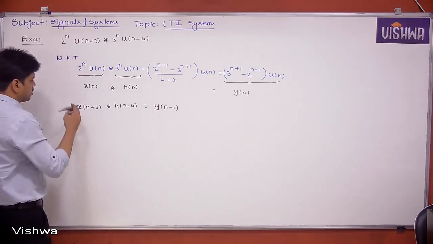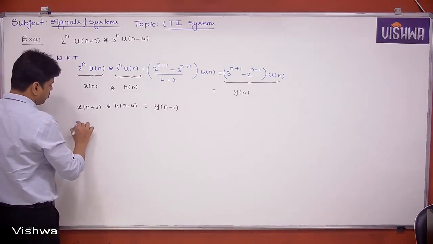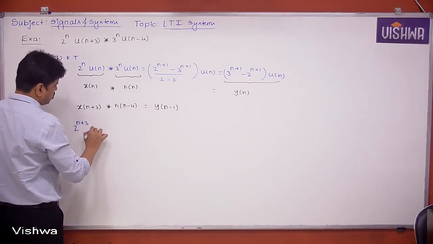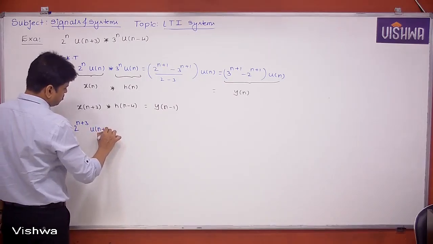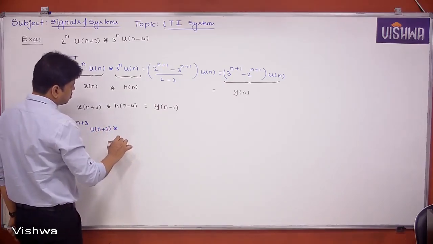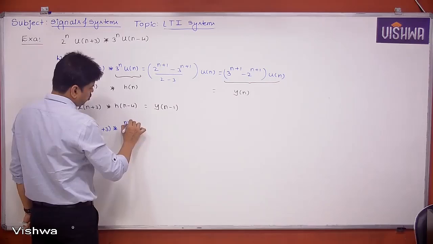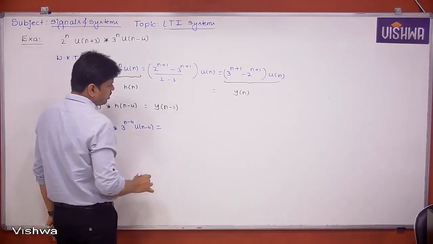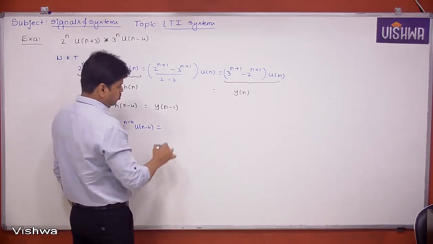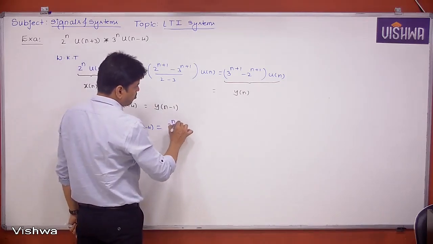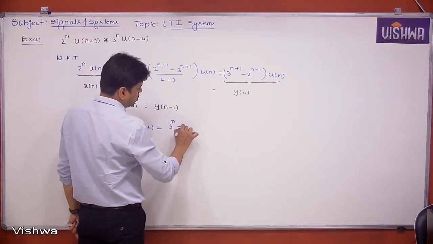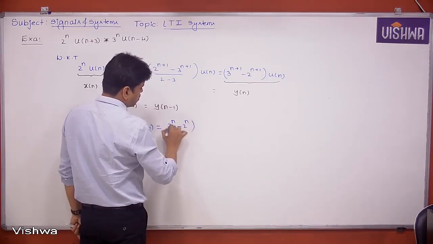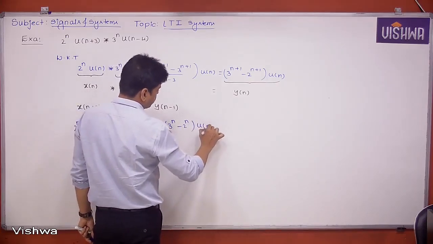So if I do that, 2 power n plus 3 u of n plus 3 convolution with 3 power n minus 4 u of n minus 4 is equal to, wherever n is there, replaced with n minus 1, so 3 power n minus 1 plus 1, that is n, 2 power n u of n minus 1.